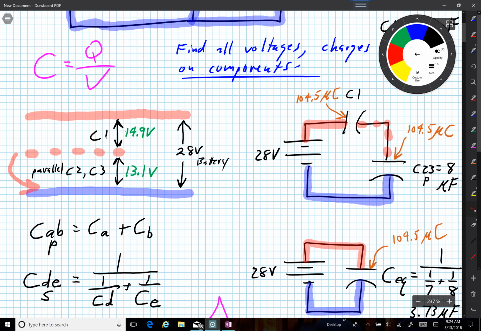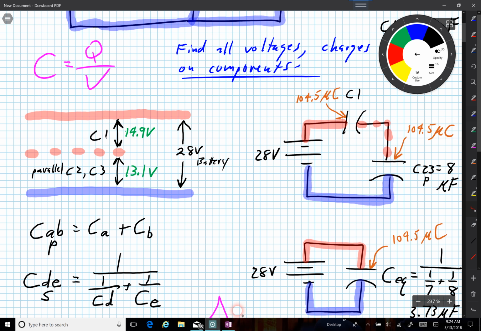I make two jumps instead of one. The first jump is 14.9 volts big, and then I take another jump, but by the time I get to the solid blue, it has to be 28. Well, if the first jump was 14.9 volts, the second jump has got to be 13.1, so that by the time I make the two jumps, I get 28. It has to be consistent.